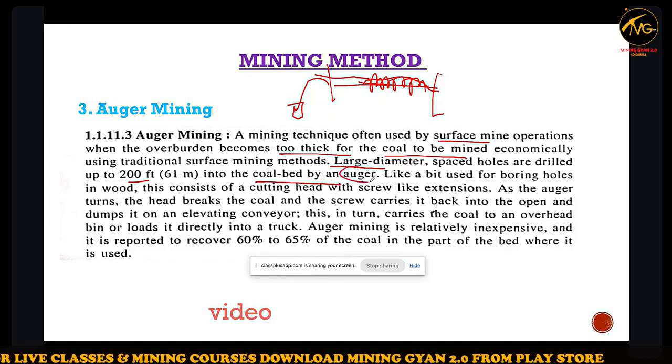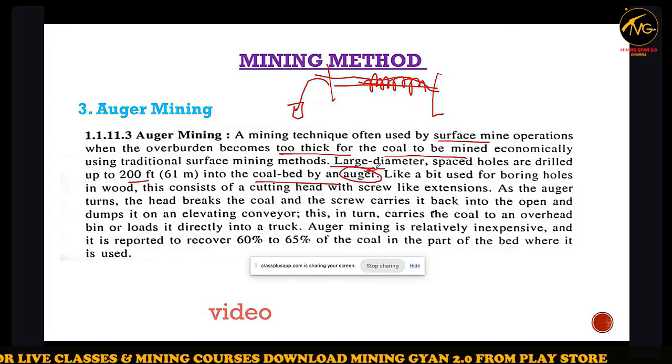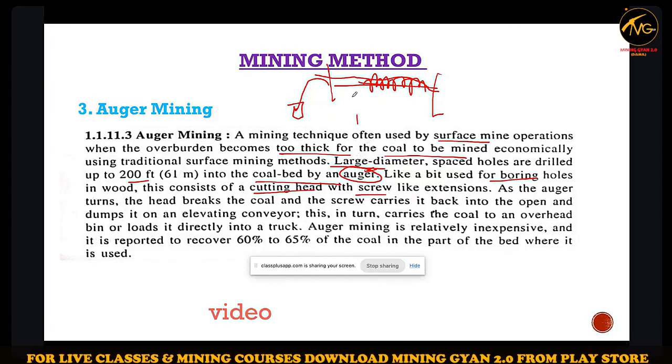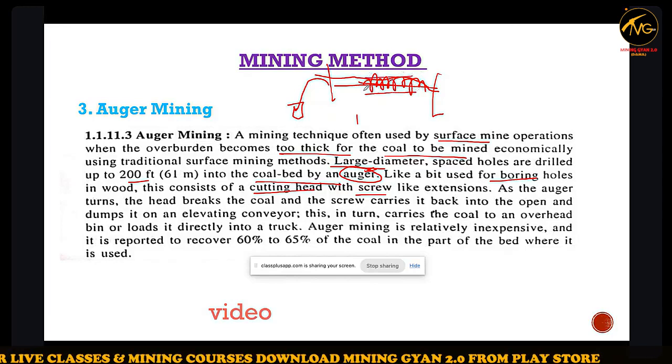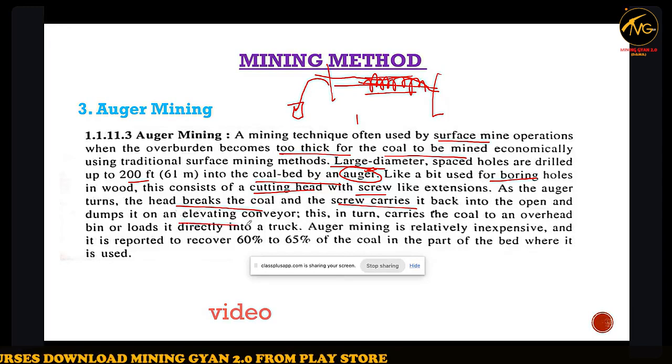You have seen the video of the auger drill, like a bit used for boring holes in wood, consisting of a cutting head with a screw. You have seen in that video that the auger has a screw-like structure, so it will break the coal and the screw carries it back into the open and dumps it onto the elevator conveyor.